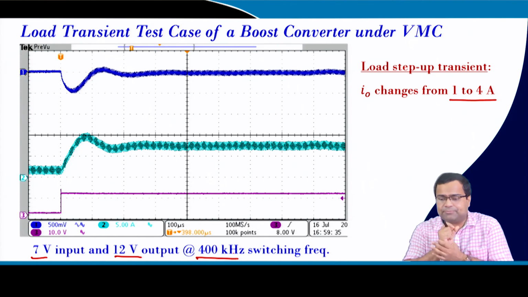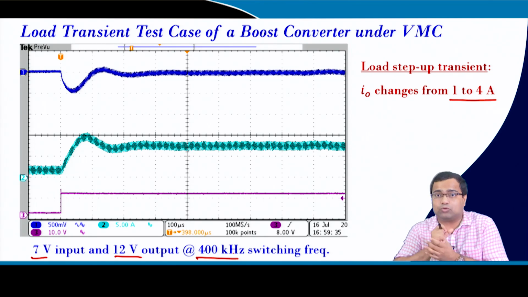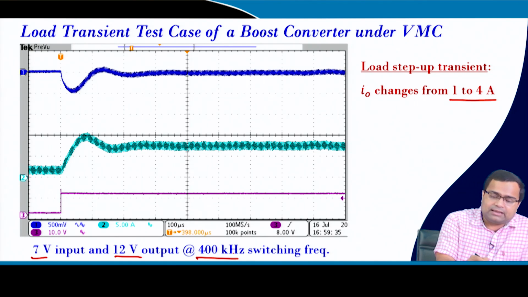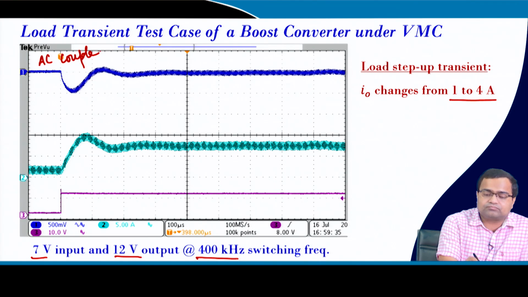Now, the question is, if we apply a 1 to 4 ampere load step, you can see this is the AC coupled output voltage. So, we are getting some overshoot and undershoot, right.